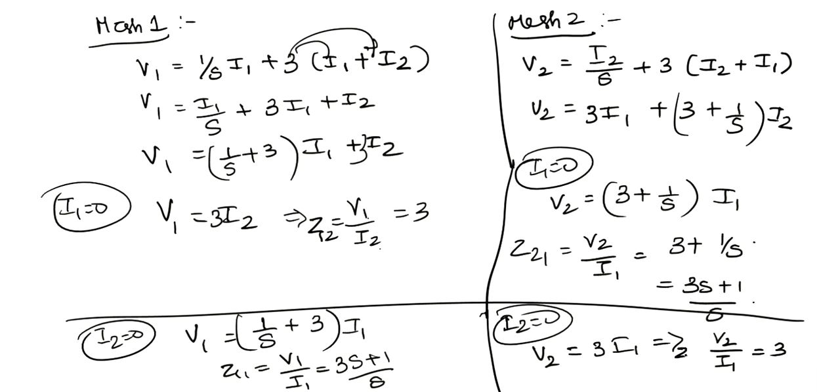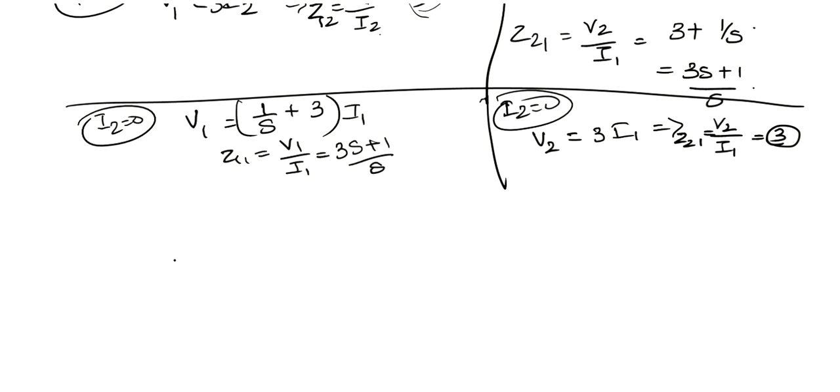See, Z12 is 3 and Z21 is 3, so the reciprocal theorem is satisfied. So finally the answer is you can write Z11, Z12, Z21, Z22.